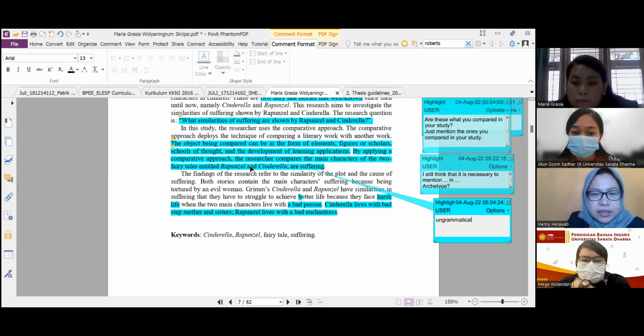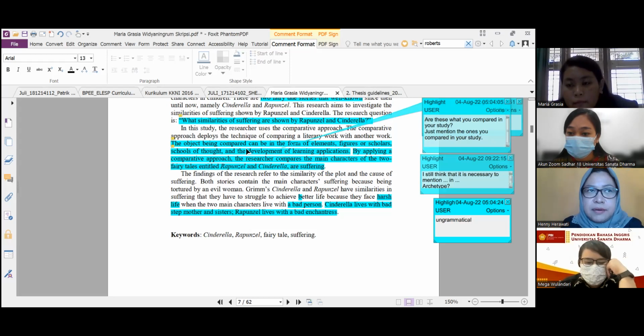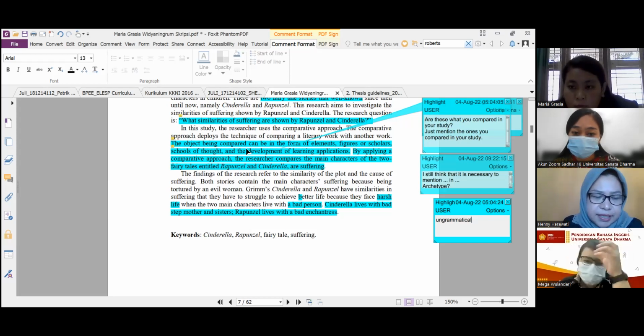Well, these are not the ones that you compare, right? It's okay to explain this as a part of the theory that you referred in, I mean, in chapter 2, for example, but in the abstract, I think you just need to mention the things that you did in your research. So just maybe omit this sentence and then just highlight if you want to say the objects being compared in this study are what?